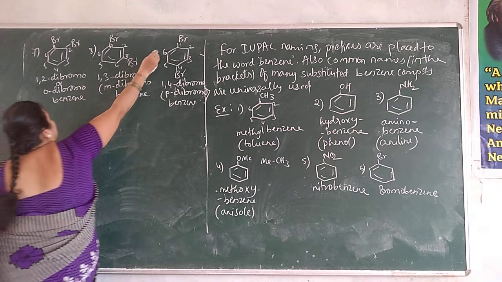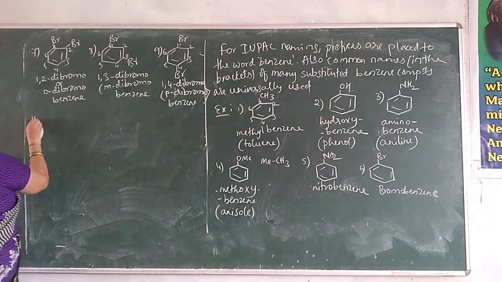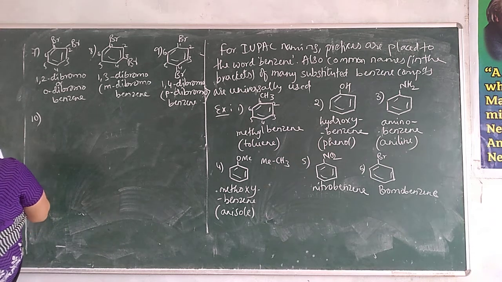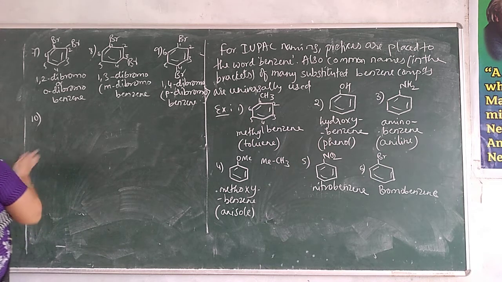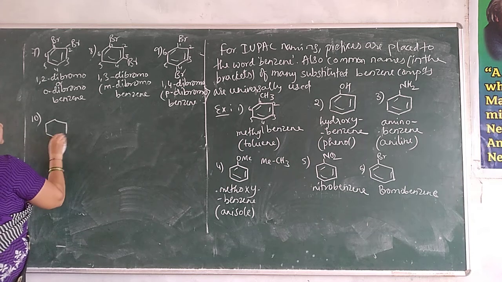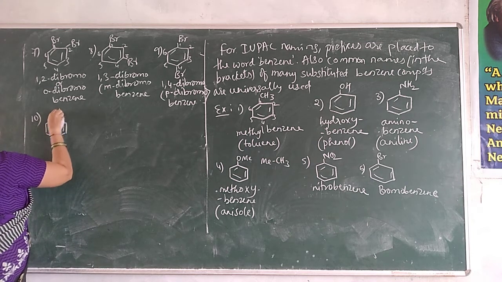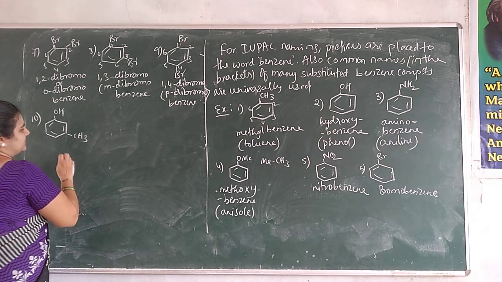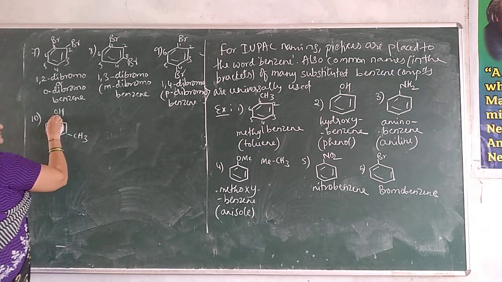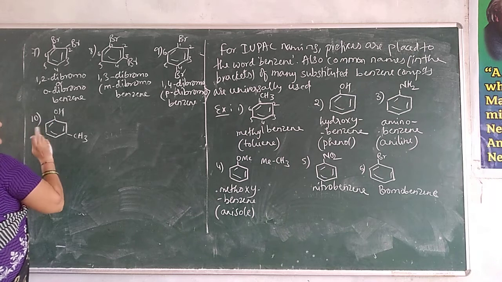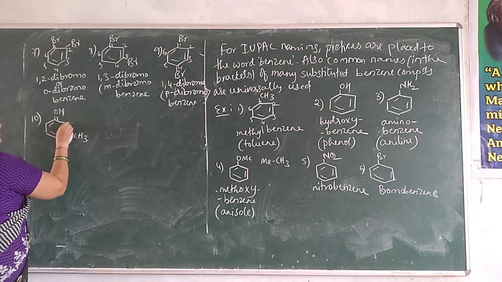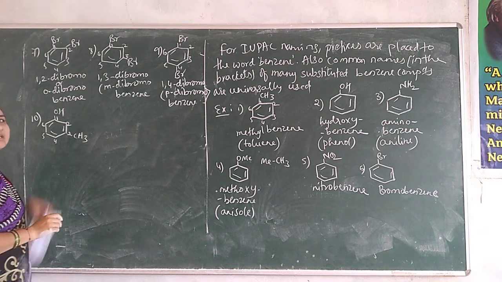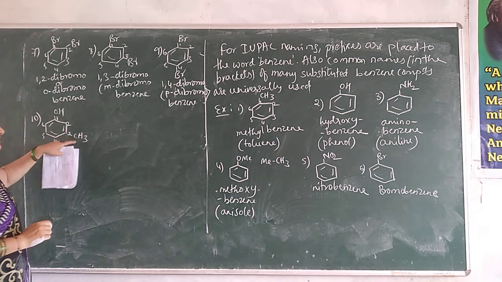7, 8, 9, 10. Now, in this, for the benzene ring, OH group is present in the 1 carbon atom and CH3 group is present in the 3rd carbon atom. So you can take it as 1, 2, 3. So I am going to take the compound or parent chain as the phenol and this as the substituent.